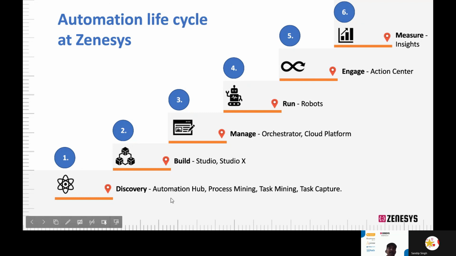So in the discovery phase, we cover everything, like process mining and task capture. Specifically for UiPath, the tool I'm talking about here, we use Studio or StudioX to develop the application. We manage orchestration in the cloud platform. We run those bots on the client's machine.